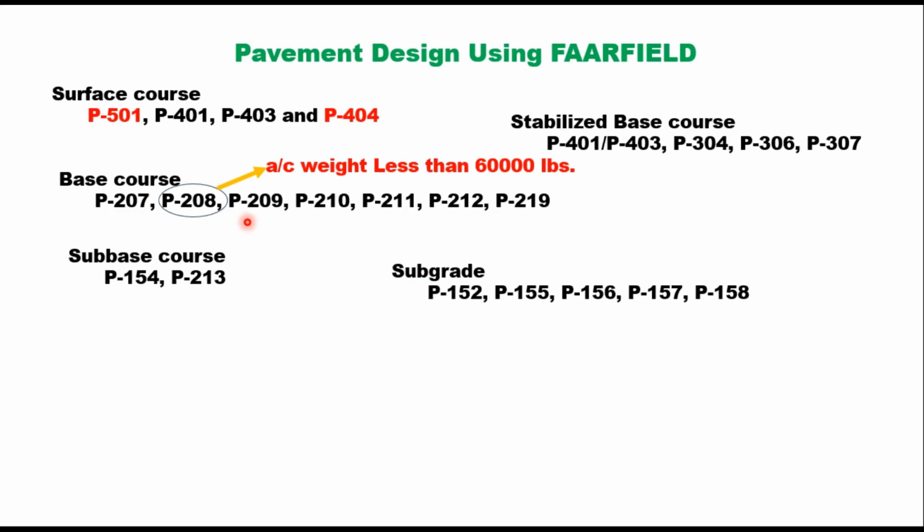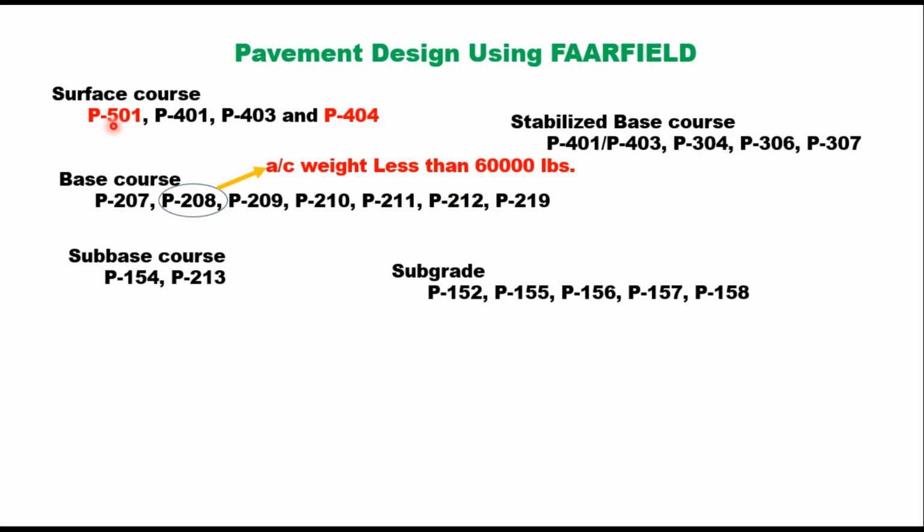209 is the crushed aggregate base as per clause 405 of the MORT specification. 304 is cement treated base, and 306 is lime concrete base course, that is your 601 in MORT specification, which is for rigid pavement.